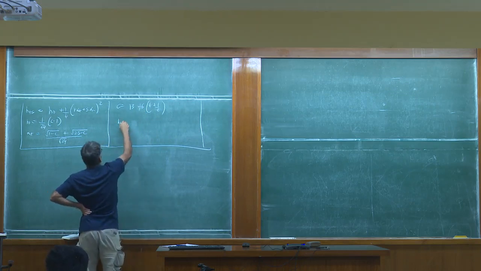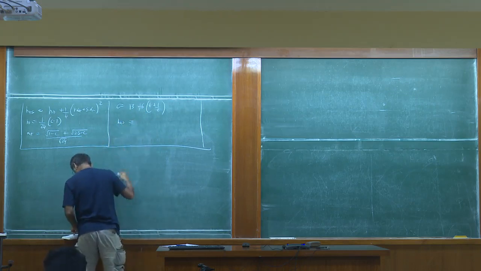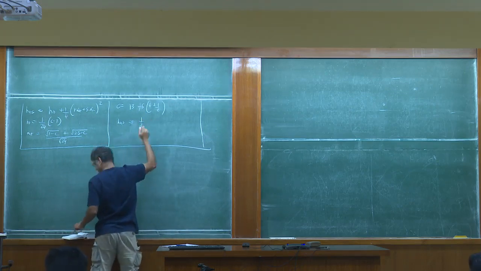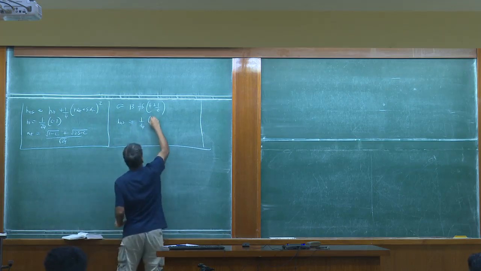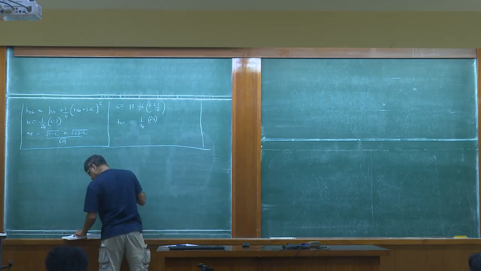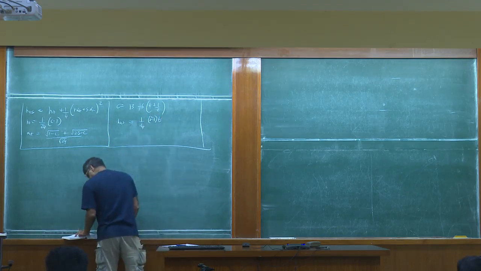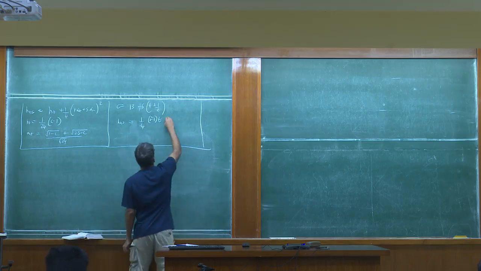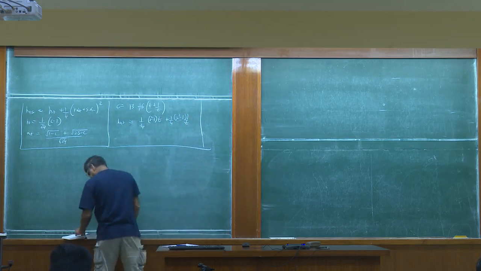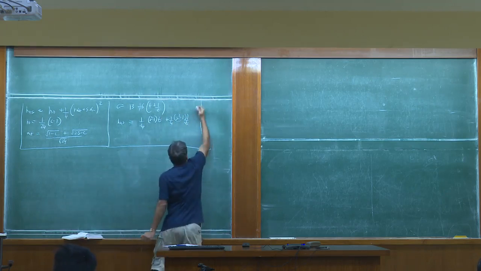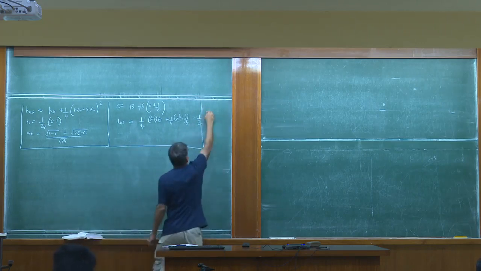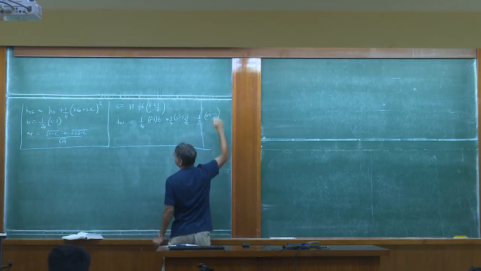Then H_RS was equal to 1 by 4 into (R minus 1) the whole thing, (R square minus 1) T plus 1 by 4 (S square minus 1) 1 by T minus half of (Rs minus 1).